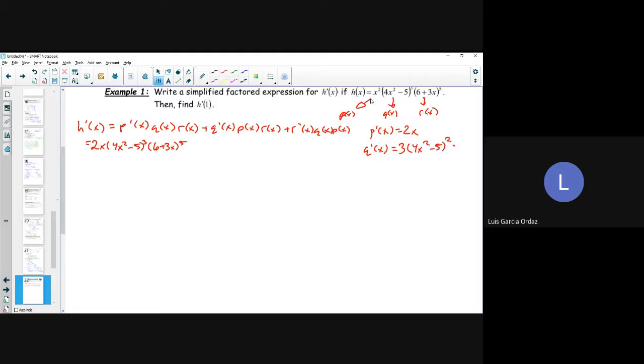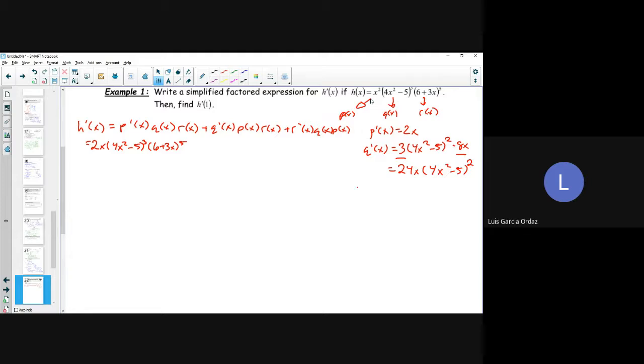And then I have to multiply it by the derivative inside of the function. So who can tell me the derivative of 4x squared minus 5? 8x. So now to make my life easier, I'm going to multiply 3 and 8x, which gives me 24x times (4x squared minus 5) all to the power of 2. Okay, so that would give me my derivative of q of x.